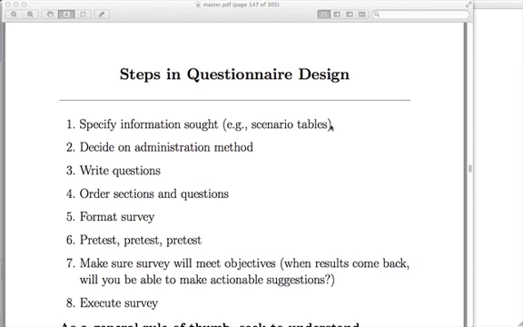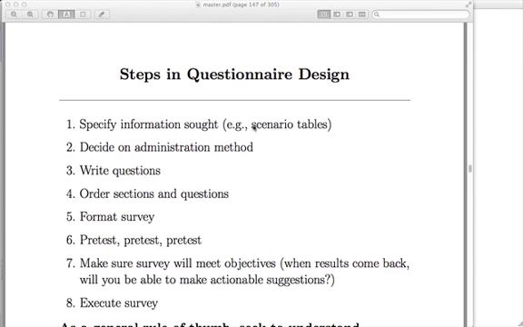And then part of the advice of that article was to start with the tables and the graphs and the appendix that's going to go in that marketing research report, and think about, here are the types of tables or graphs that I'm going to need to produce in order to answer my questions. I think we called them scenario tables back during that discussion.